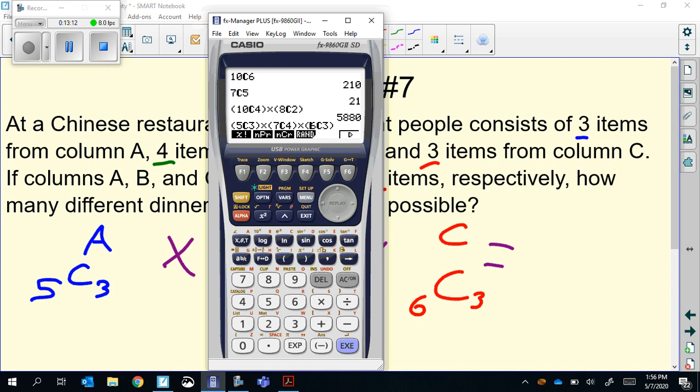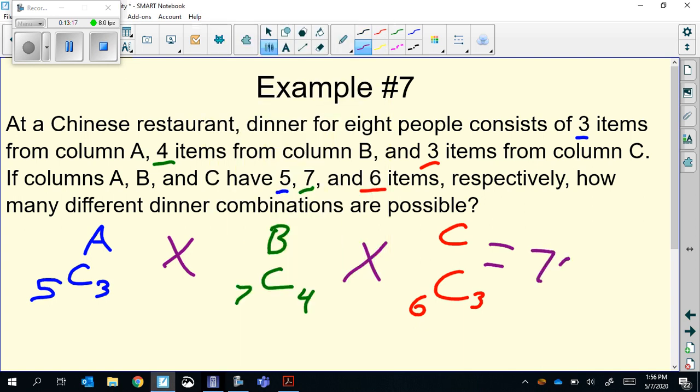That's going to do all our calculations and multiply, so this is our final answer. 7,000 options.